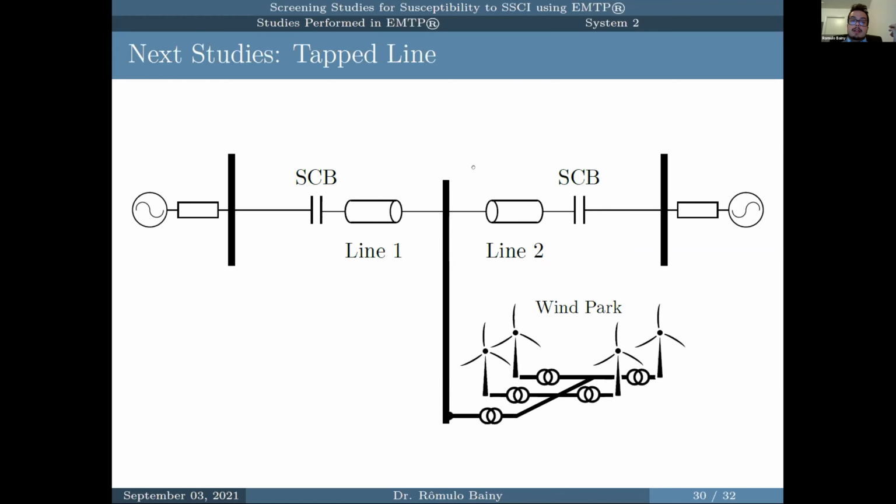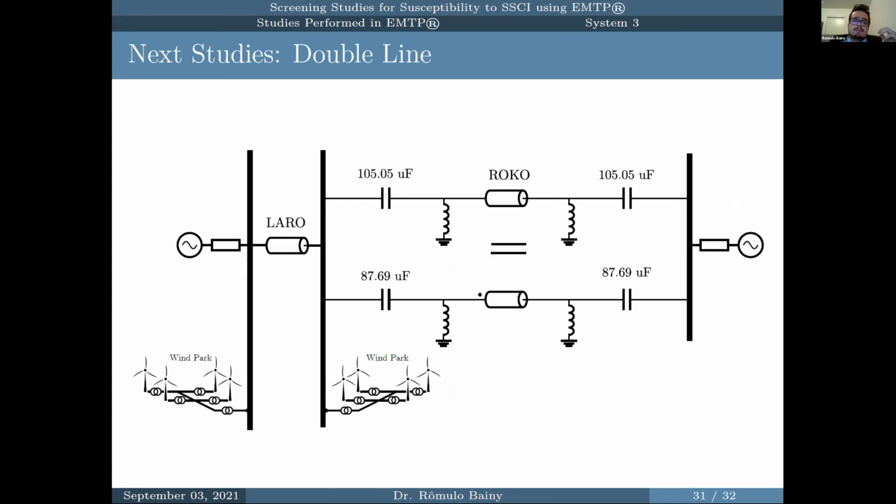So the proportion can be different, and this difference in proportion is going to cause the system to be more susceptible to SSCI as well. I'm going to present that in future work. So if anyone wants to follow that, you can have my email at the end of the presentation and email me, and I'm going to keep you updated about that.